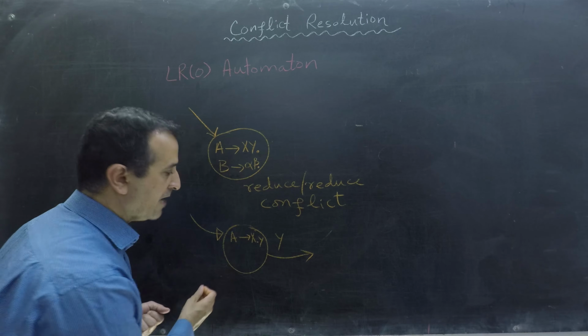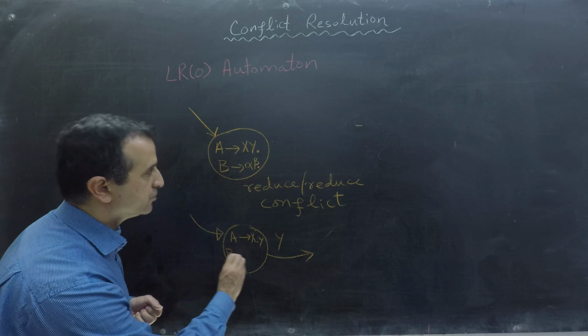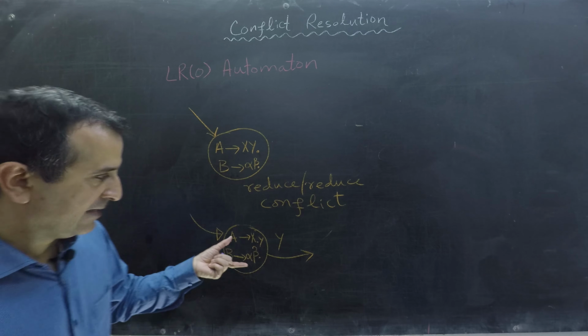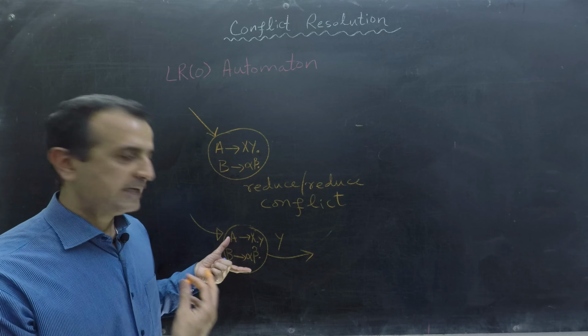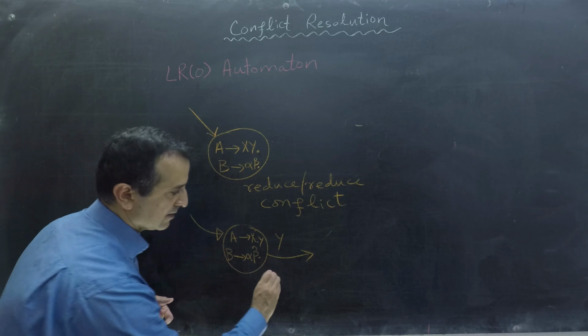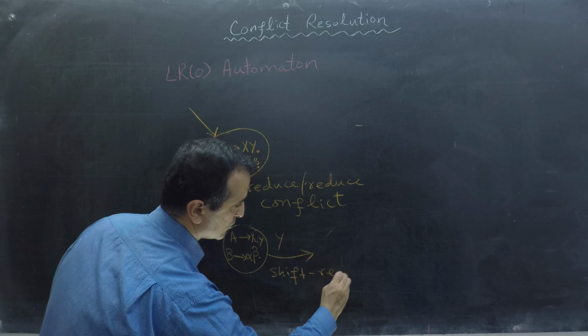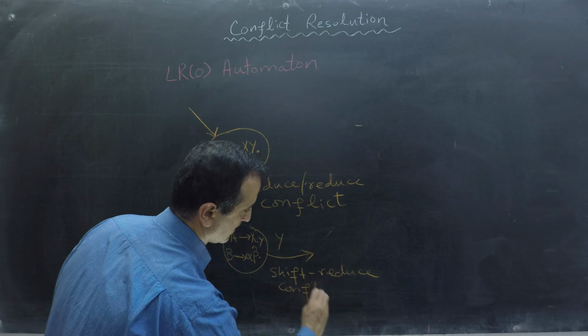And I also have a reduction statement in it, B goes to alpha beta dot. In this case, this state of the LR0 DFA has a shift-reduce conflict.